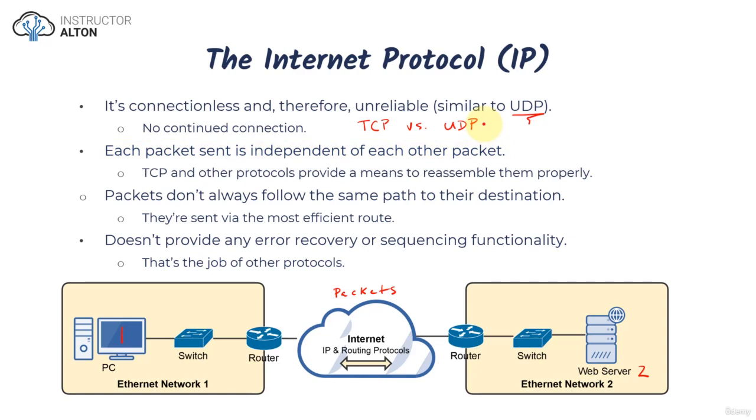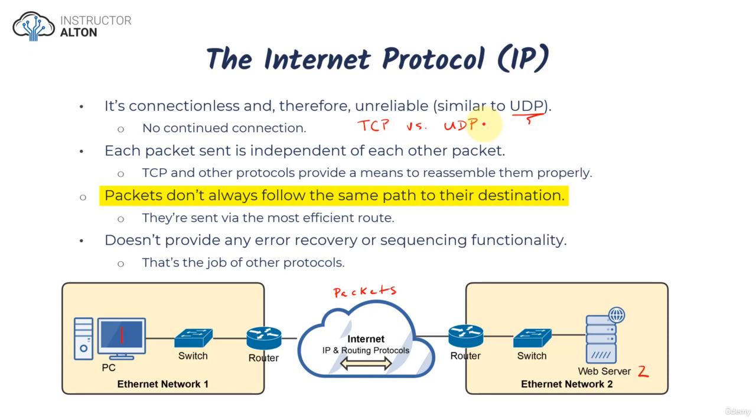Now, also, since we're going to be utilizing routing protocols, and again, we haven't talked about them yet, there are several different ones. If we have multiple different routers and multiple different paths from Ethernet network 1 to Ethernet network 2, well, each packet isn't always going to follow the same exact path to the destination. They're going to utilize the most efficient route.